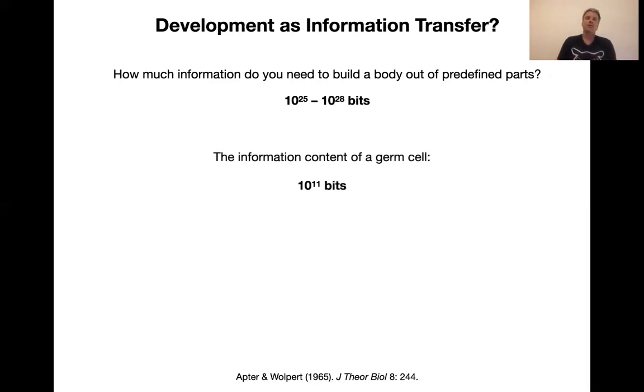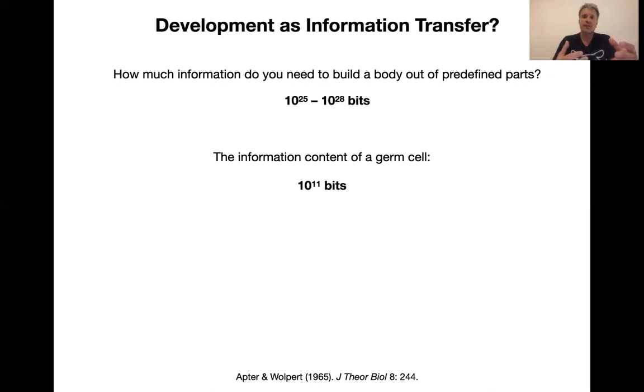And now they go on and say, okay, so how much information is in a germ cell? And they have another very convoluted argument, and they come up with 10 to the 11th bits. And again, they admit that this may not be a very rigorous scientific endeavor here, but the fact is that the differences between those numbers are so huge.